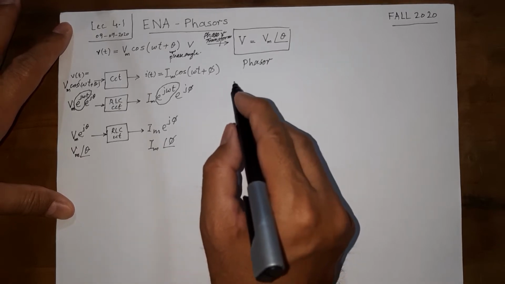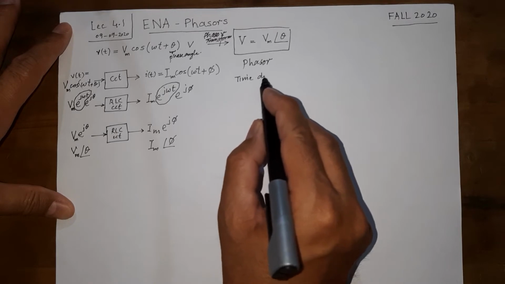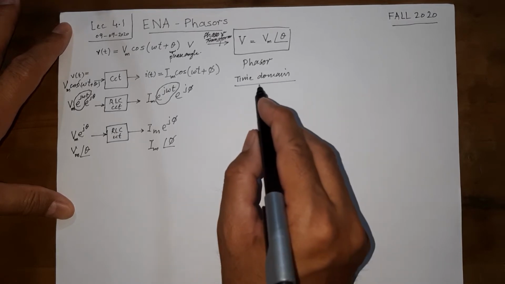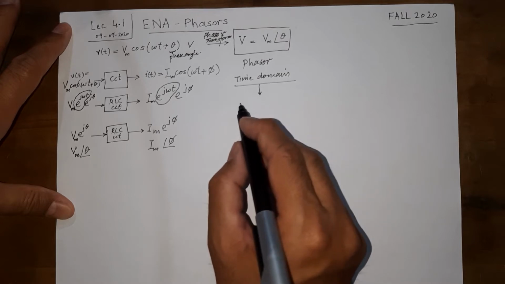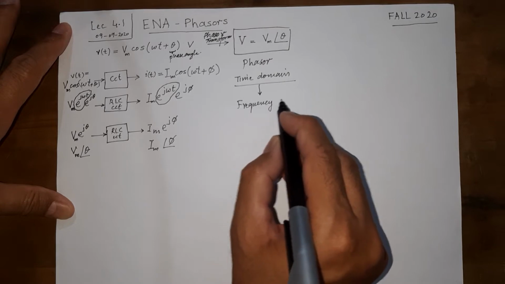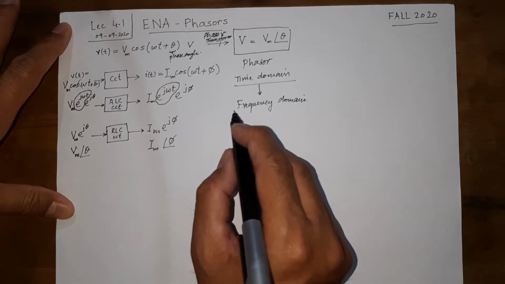So this is what we usually do. We get a circuit in time domain. A problem is posed to us in time domain. We live in the time domain. We convert it to the frequency domain. This is what it is called, and not the phasor domain.